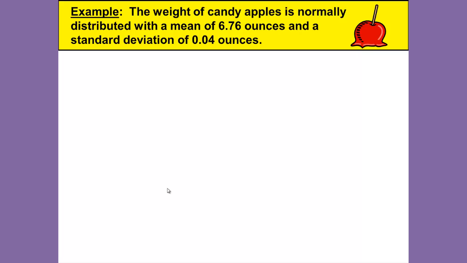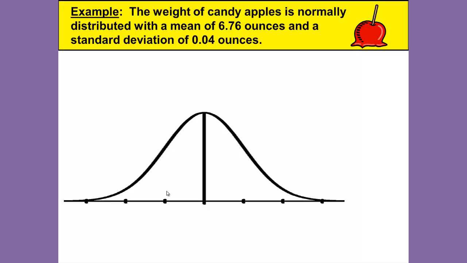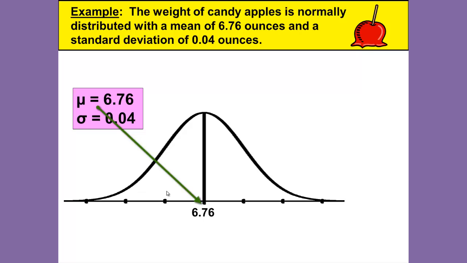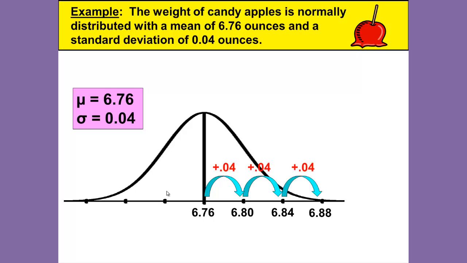Well, before we get started, since we're dealing with a mean and a standard deviation, let's draw our curve. Let's place and remind ourselves what the mean and the standard deviation are. Let's place the mean at the center line, and let's count up our standard deviation of 0.04 and add that to the mean once, twice, and 3 times.